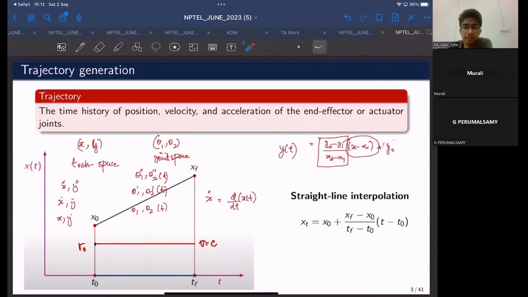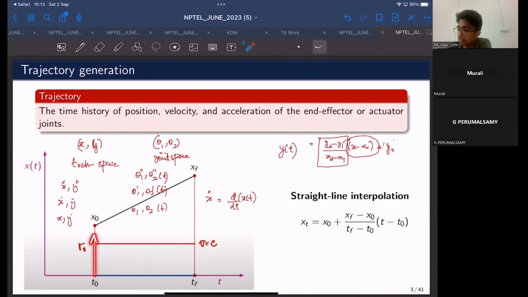So this is the peculiarity of a straight line interpolation, where you have acceleration that is theoretically infinite at these positions. So that is not desirable, right?